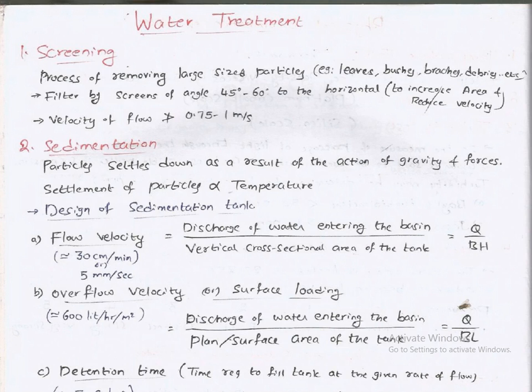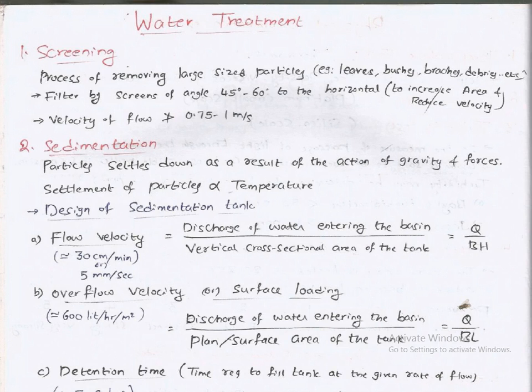Flow velocity is 30 cm per minute or 5 mm per second. Overflow velocity or surface loading is 600 liters per hour per square meter, equal to discharge of water entering the basin upon the plan or surface area of the tank, which is Q upon BL.